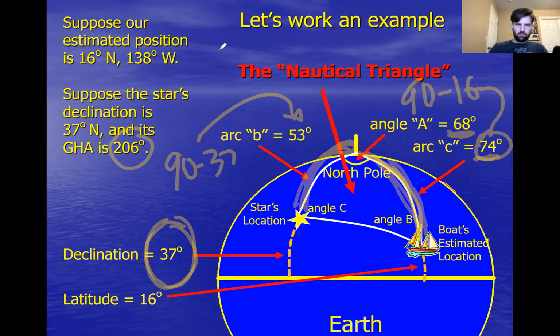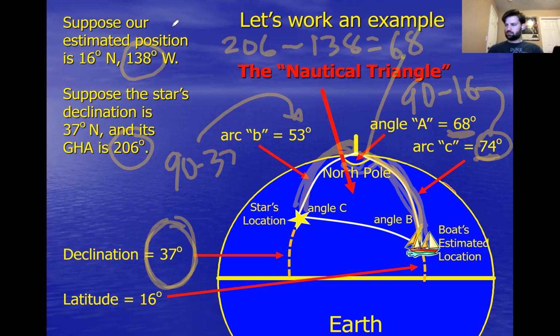That's if you take 206 minus 138, the star's GHA minus our GHA. So that is equal to 68 degrees. That tells us what the angle is in between these two sides.